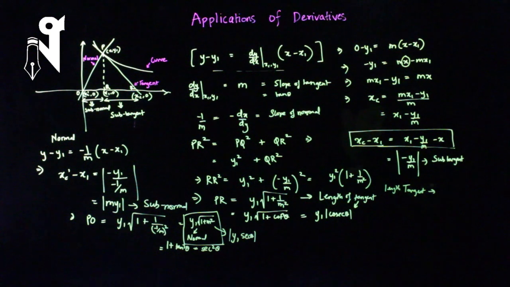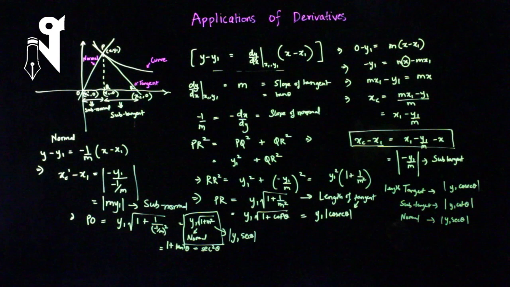Length of tangent is y1 cosecant theta, subtangent is y1 cot theta, because I have y1 by m, normal is basically y1 secant theta, and subnormal is y1 tan theta. So these four are your lengths in terms of theta.